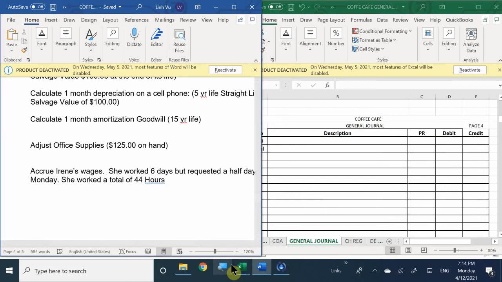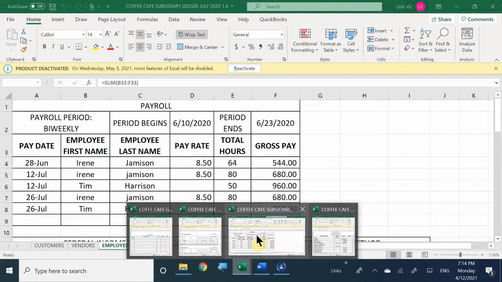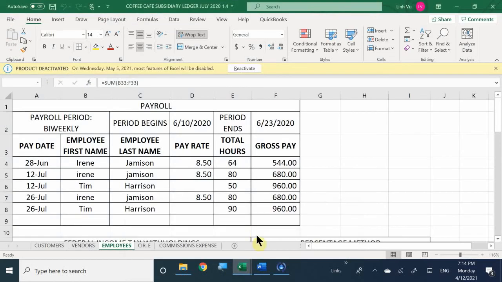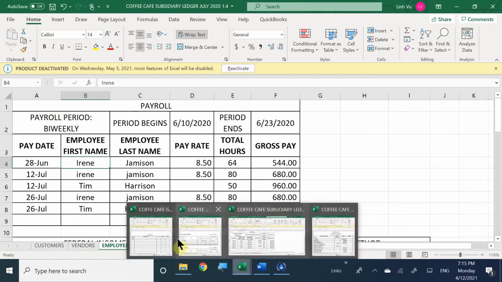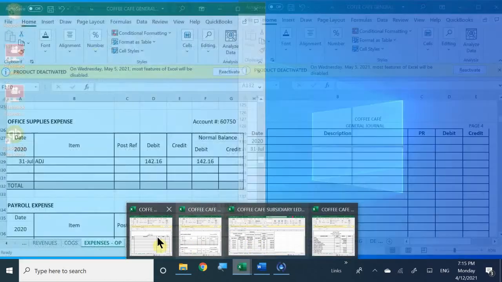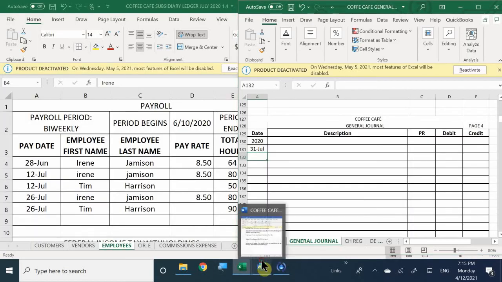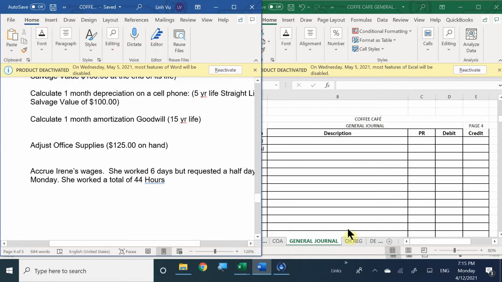So let's find out what her wage rate is. I go up to my commissions and I locate that Irene makes a total of $8.50. So as of the 31st, she has accumulated only 44 hours.